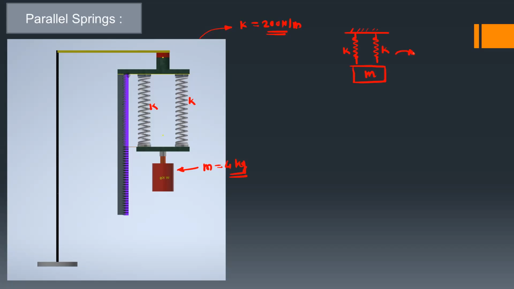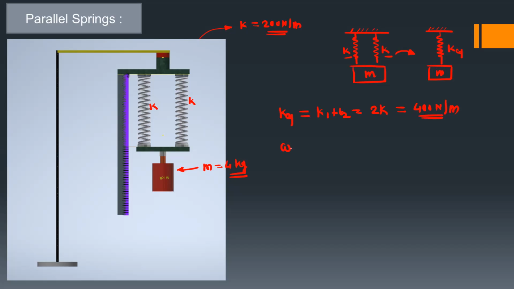Theoretically, if you want to find the frequency of this system, we should convert the two springs into an equivalent single spring. This is the K equivalent for the parallel arrangement. What is the formula for K equivalent? For a parallel system, K equivalent is equal to K1 plus K2. Both the constants are K only, so it is 2K, which is equal to 400 Newton per meter.